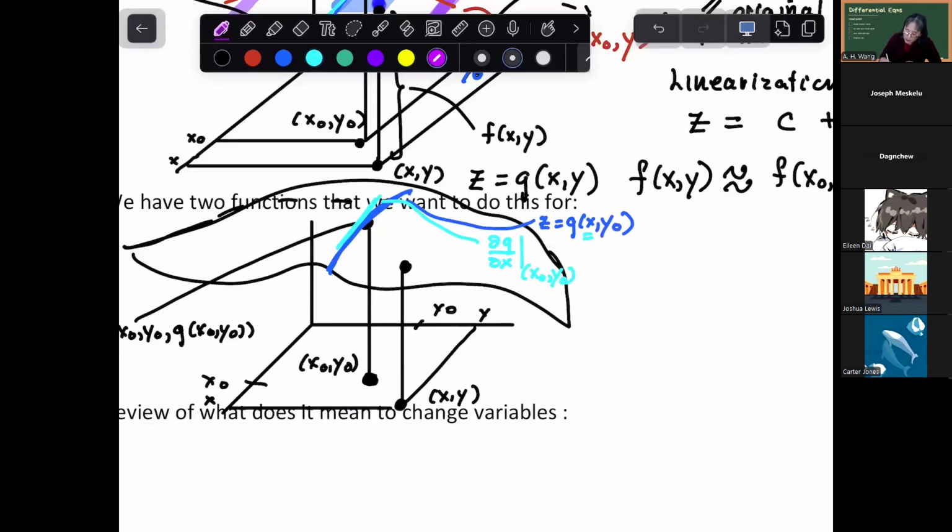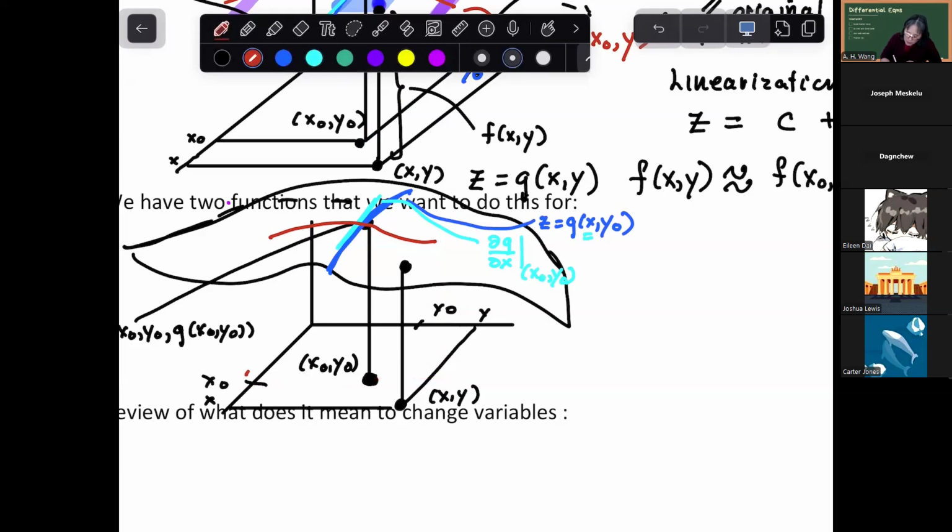Then over here, you're going to cut straight down through this. Sorry, I'm just going to draw this. You're going to cut straight down, and you're going to get a curve, where you hold the x naught.